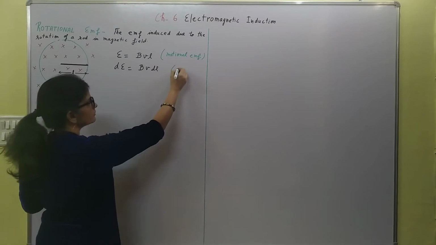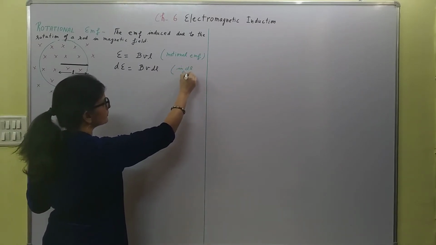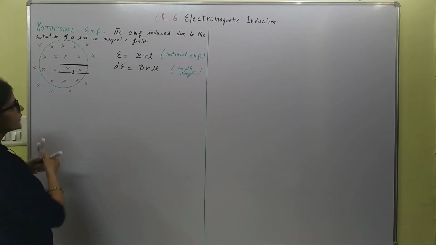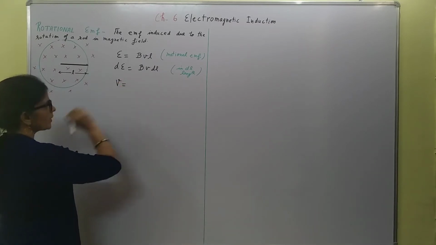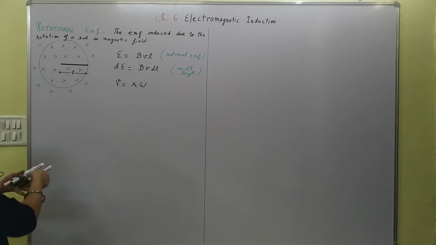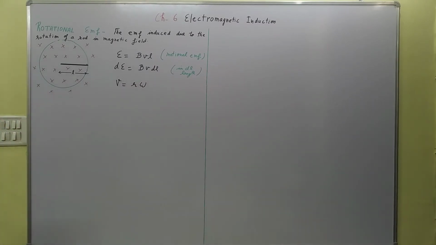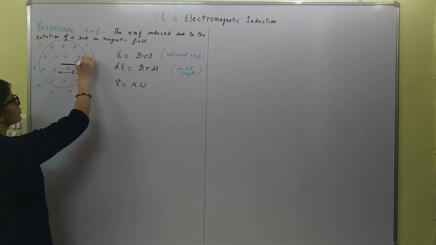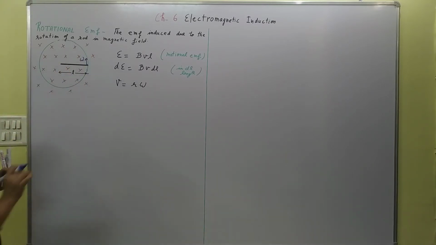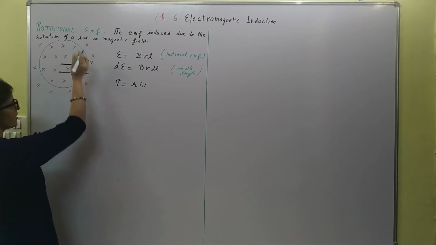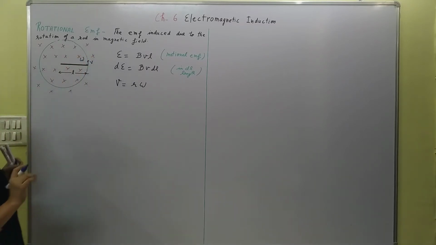And if we are talking about a small length dl, we also know the formula for velocity which relates it with the angular velocity, because this rod is rotating, right? It has angular velocity, and at any instant it has linear velocity v which is tangential, and it is moving with angular velocity omega.